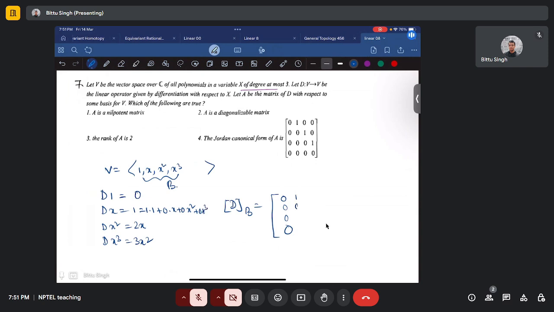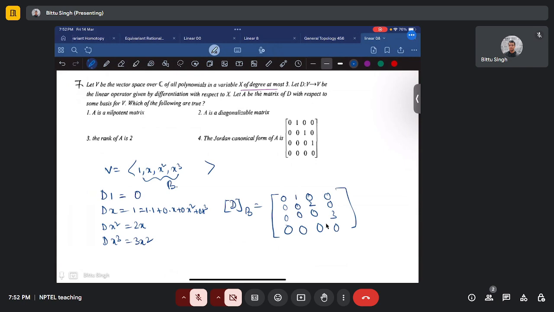So 0, 0, 0, just put it in the row. Similarly 2x means 2 will be here and others are 0. 3x square means 0, 0, 3. Okay, it is actually done.